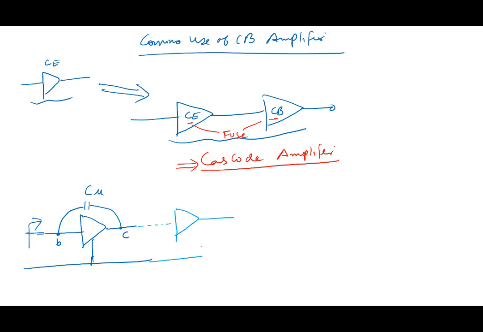Common base stage meaning that this is now the emitter and this is the collector. So this is common emitter and this is common base. This is the emitter node, this is the collector node, and this is the base node here. In this case, this is the emitter node here. Emitter is common.